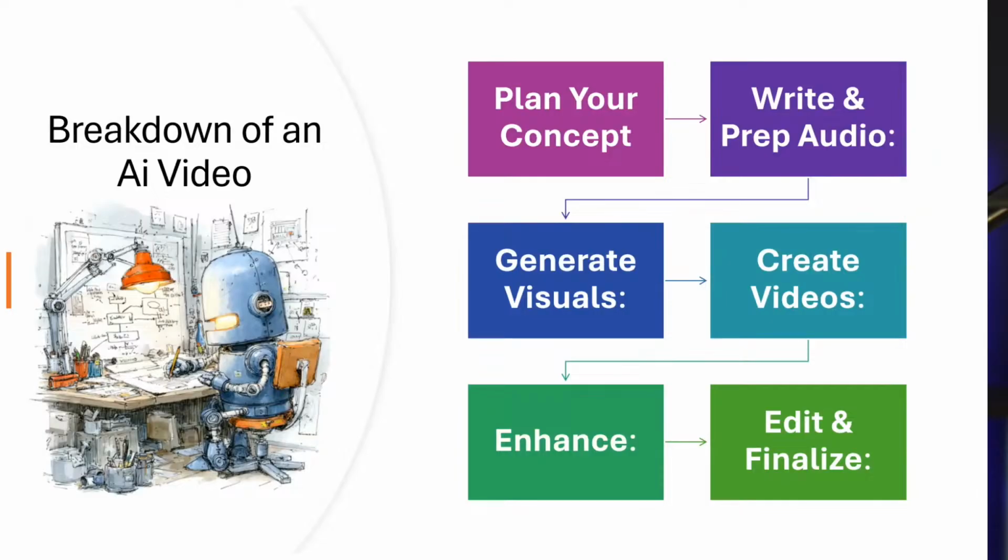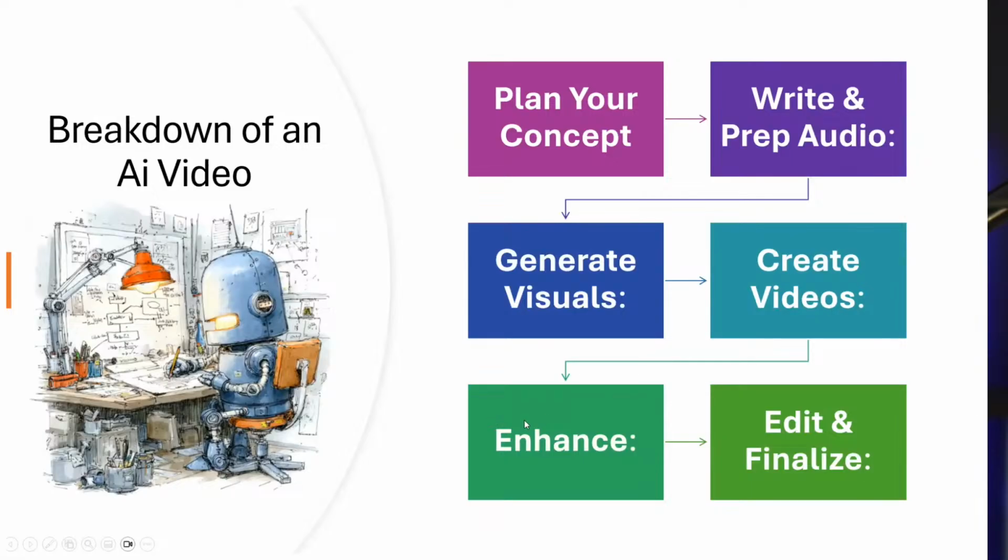The trick is trying to keep everything looking consistent. So you want to always use the same type of art style, whether it be realism or cartoon or Disney Pixar, whatever. You just want to make sure it looks good.